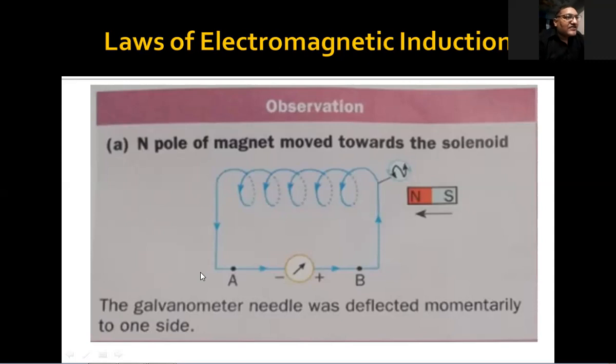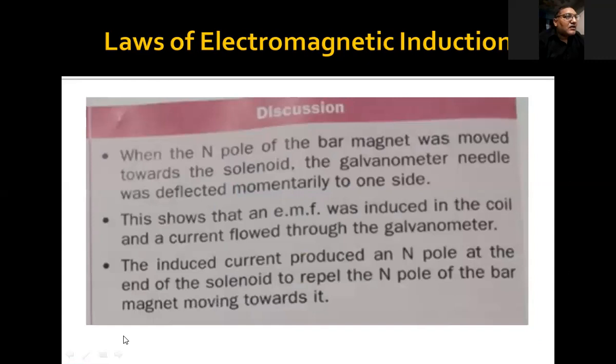And let's go to the next slide. So here we have: when the north pole of the bar magnet was moved towards the solenoid, the galvanometer needle was deflected momentarily to one side.